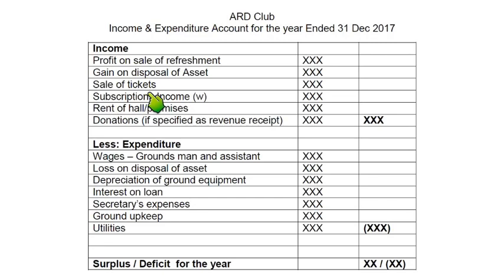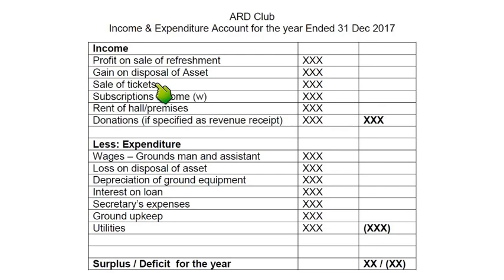Sometimes there are also expenses relating to such events. Maybe we have sold concert tickets worth $100,000, and in order to arrange that concert, we have hired a band and arranged catering such as food.